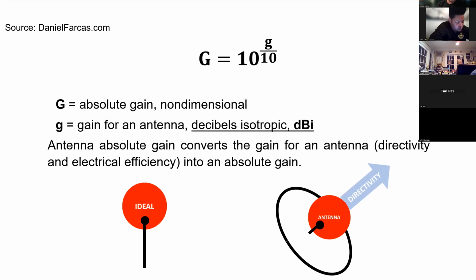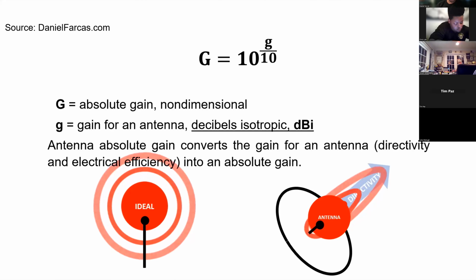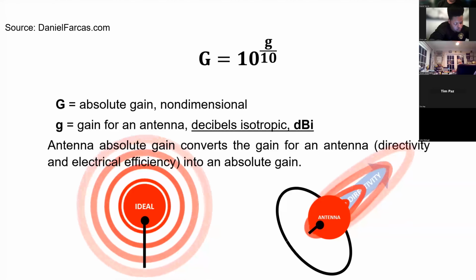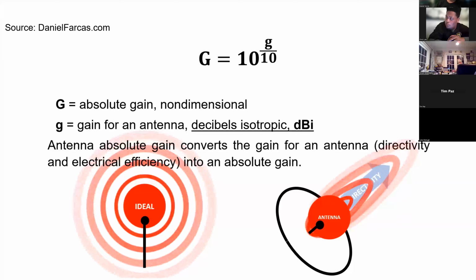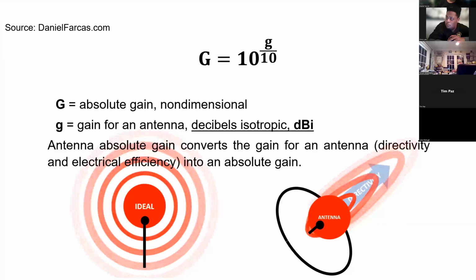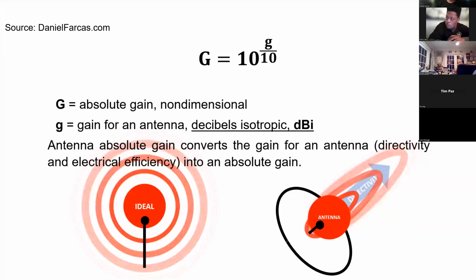The higher the gain, or the dBi, the more directional the antenna is. The antenna gain changes with angle and frequency. In simple terms, it quantifies how much an antenna enhances the signal strength in a particular direction.